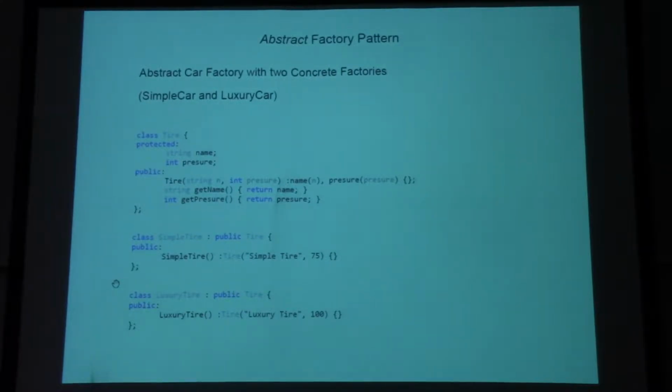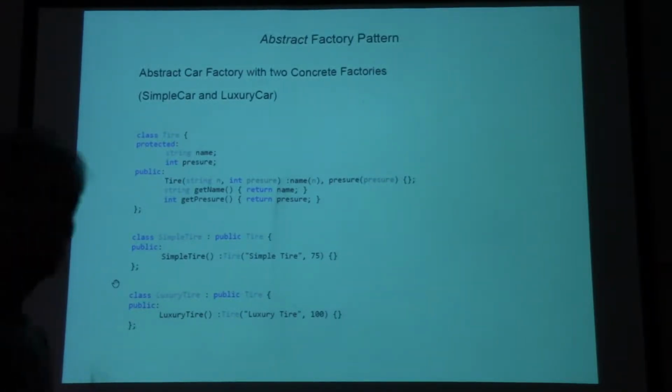So the tire class actually is a concrete class, but then we subclass it, and all we do in the subclass is create a simple tire, where the simple tire constructor calls the tire constructor, giving it the value of simple tire and the pressure at 75. And then the luxury tire also subclasses tire, and it calls the tire constructor, giving it a different name and a different pressure. Straightforward. So nothing abstract here.